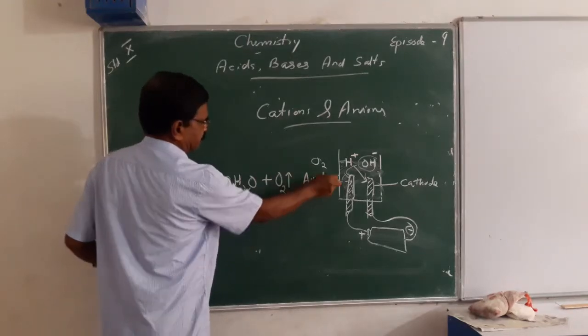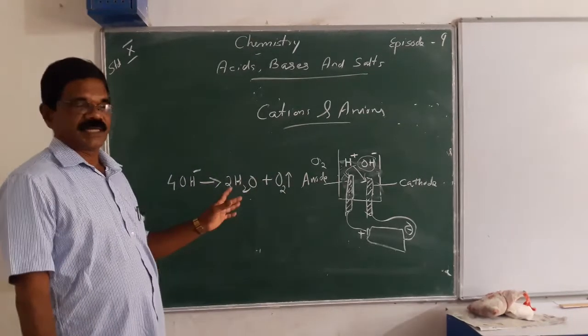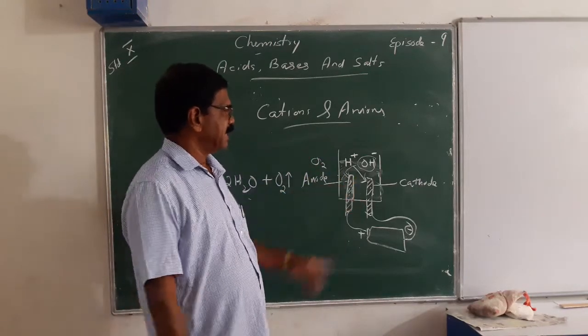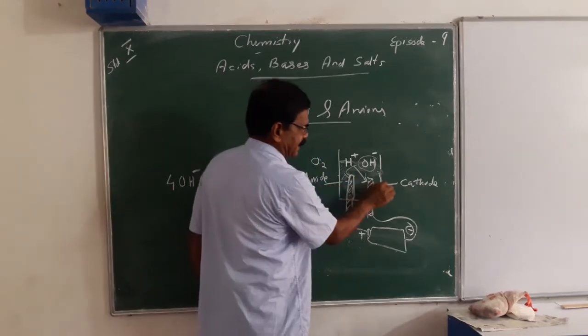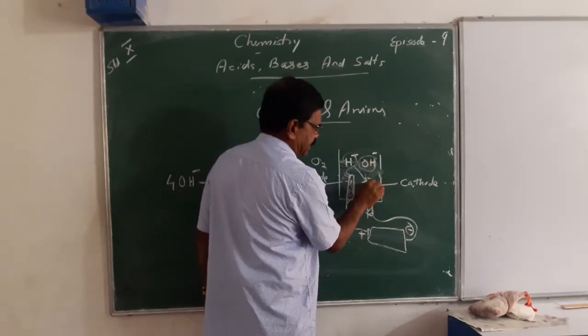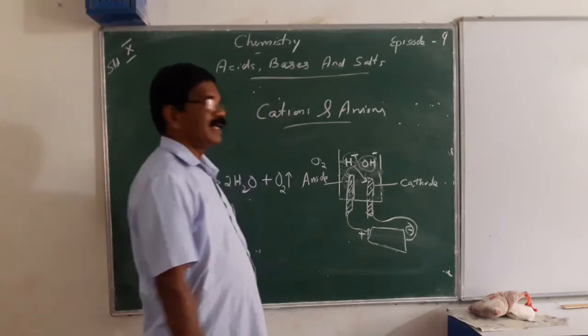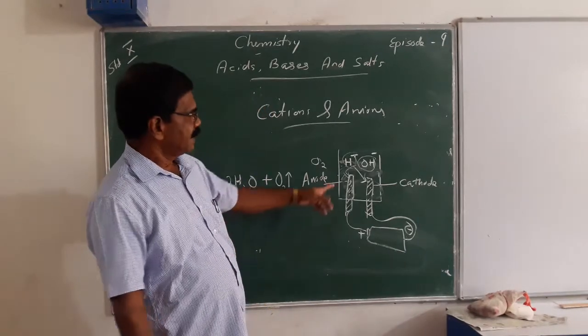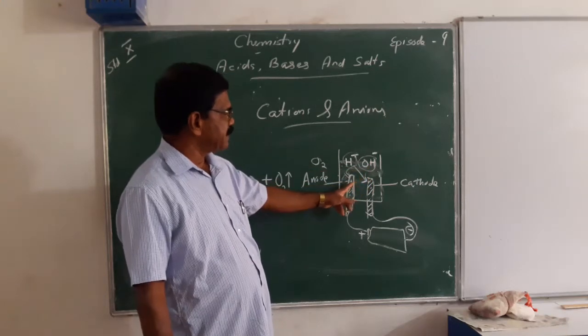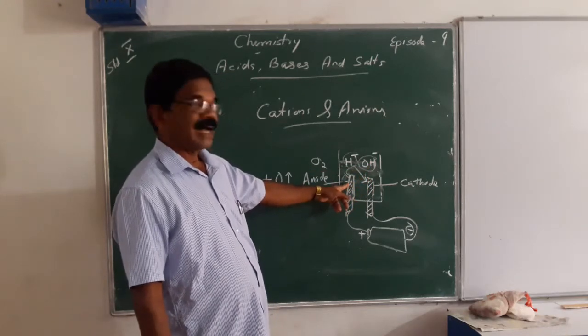This oxygen is liberated at the anode. That is not our case. Now we are studying cations and anions. The hydrogen ions that move towards the cathode are called cations. At the same time, the hydroxide ions that move towards the anode are called anions.